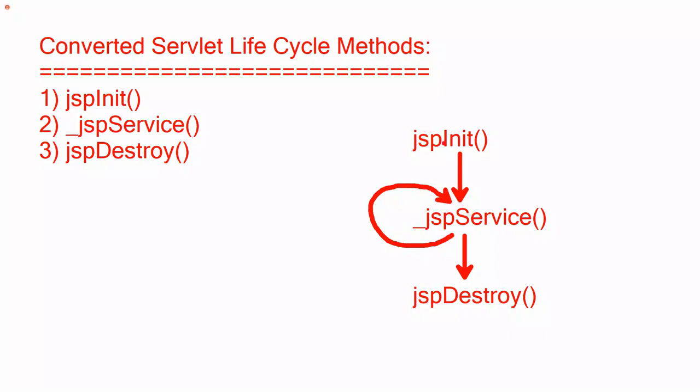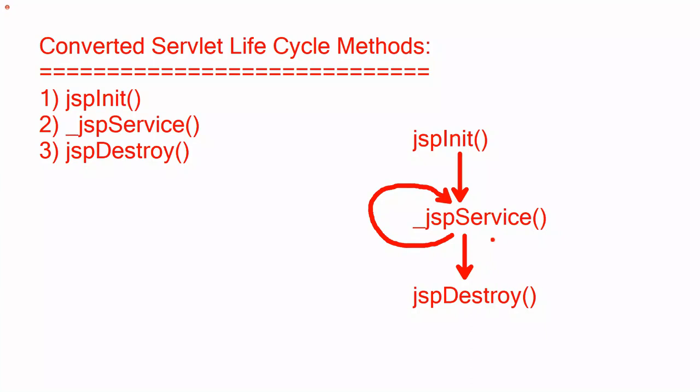But this method we write, this method we write, this method is already written. Now jspInit, _jspService, jspDestroy. You studied init, service, destroy, no? Same concept. The init method is called by the web container whenever the first request comes to a servlet.